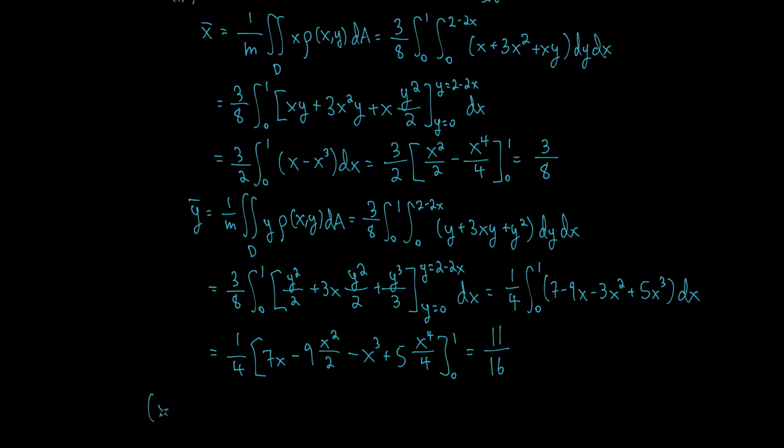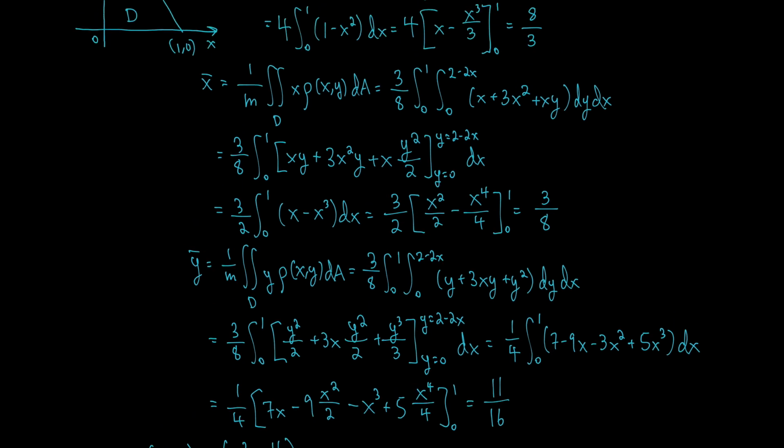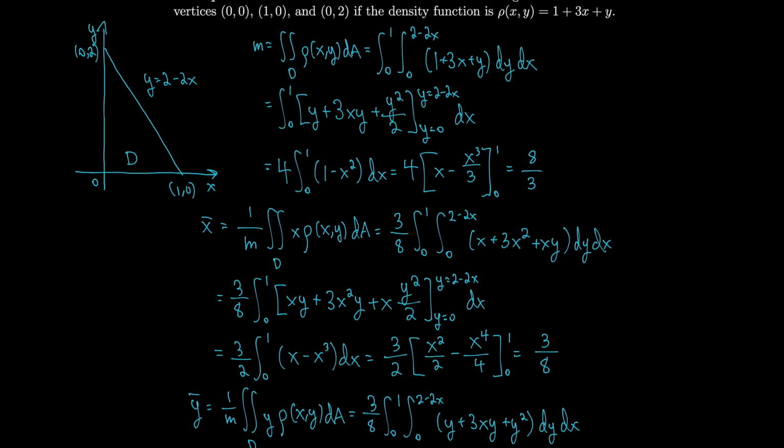So our center of mass, (x bar, y bar), is equal to (3/8, 11/16). And that means that if we put this in our triangular region, it's somewhere over here. So that's where (3/8, 11/16) is.